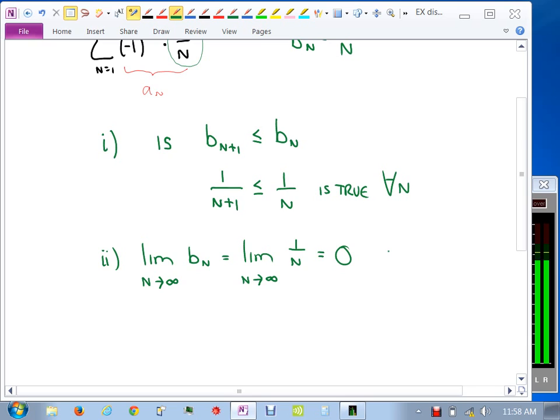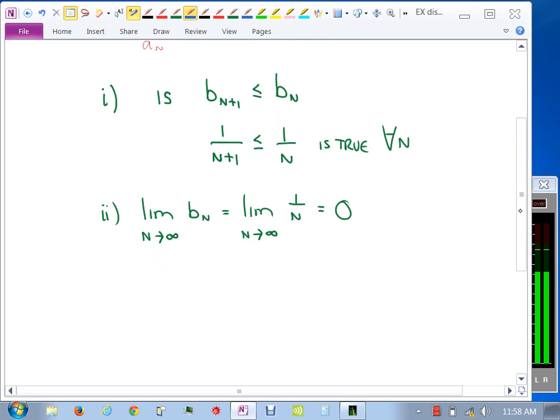I'm just taking my piece up there, that b sub n, and just letting n go to infinity. When we used to get 0, we would say we don't know anything, right? But if it's an alternating series and it goes to 0, along with this decreasing aspect of the series, we're guaranteed convergence. All right?